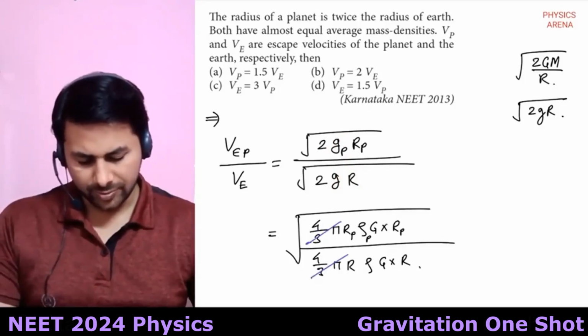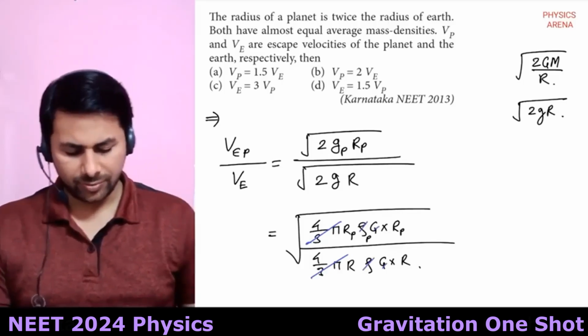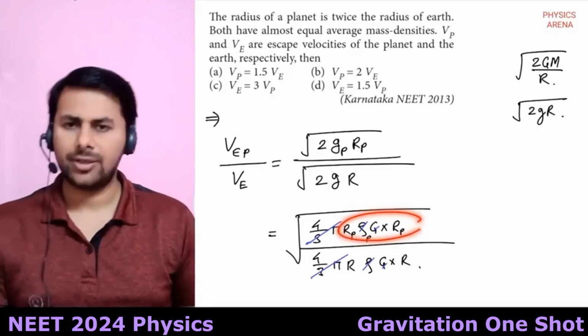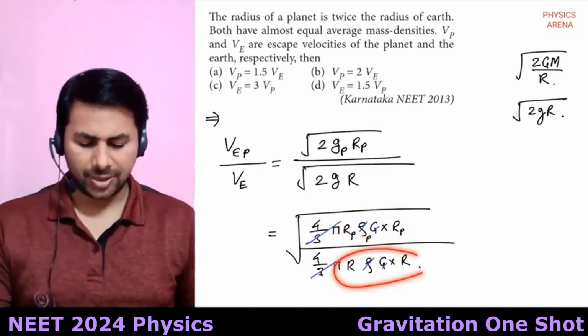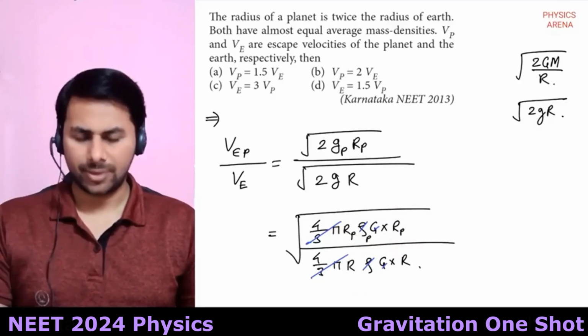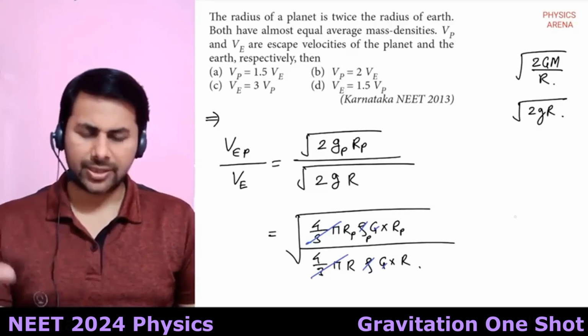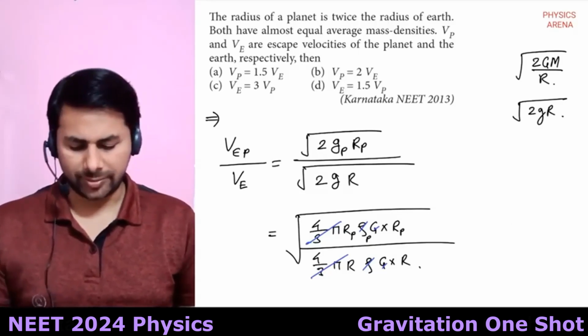This thing gets cancelled out. Density is the same, so it gets cancelled out. G gets cancelled out. So you have radius of planet square upon radius of Earth square, right? So if you take the square root, it will be just the radius of the planet upon the radius of Earth.